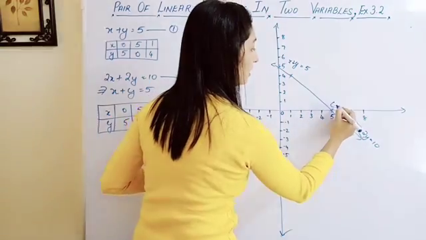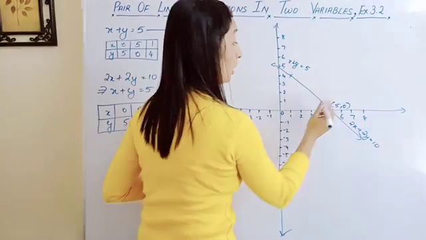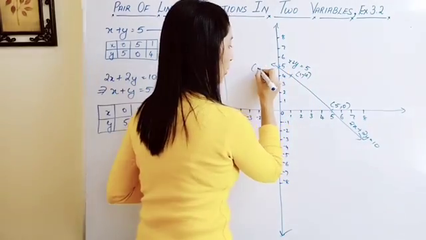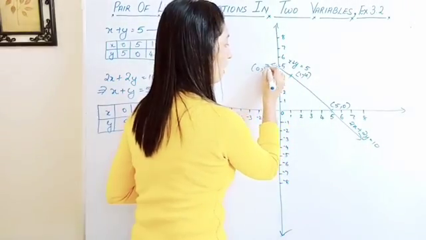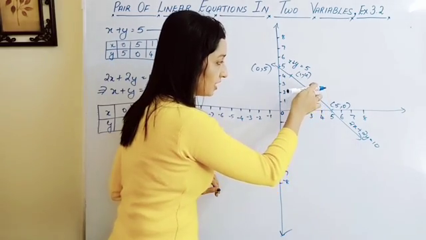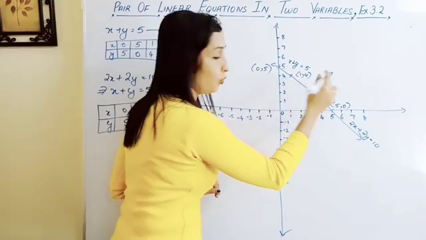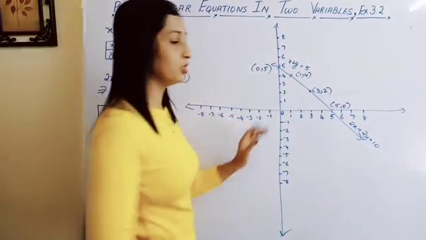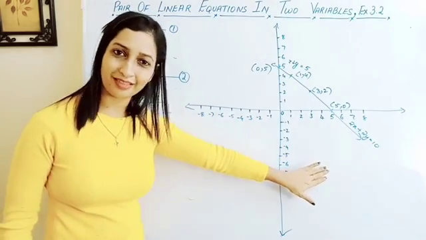We get 5, 0. Here you get 1, 4. And this is the point 0, 5. If you take 3 on the x-axis, the point takes the value 2 on the y-axis. So this is the point 3, 2. So this is how you plot the graph and you find the solutions.